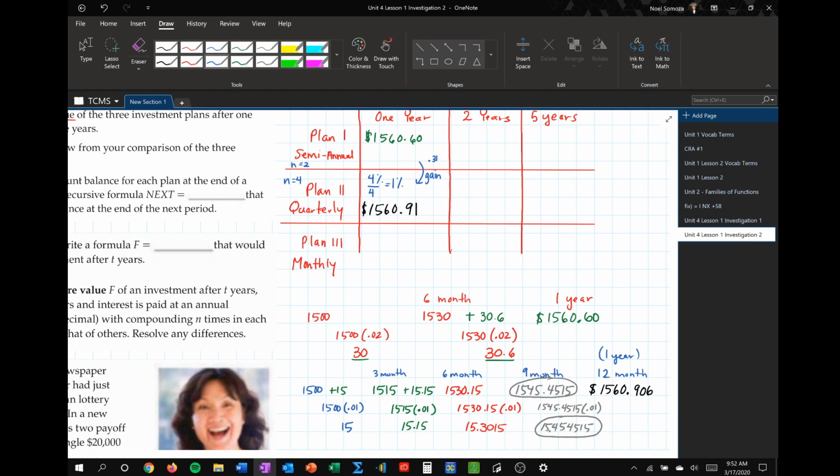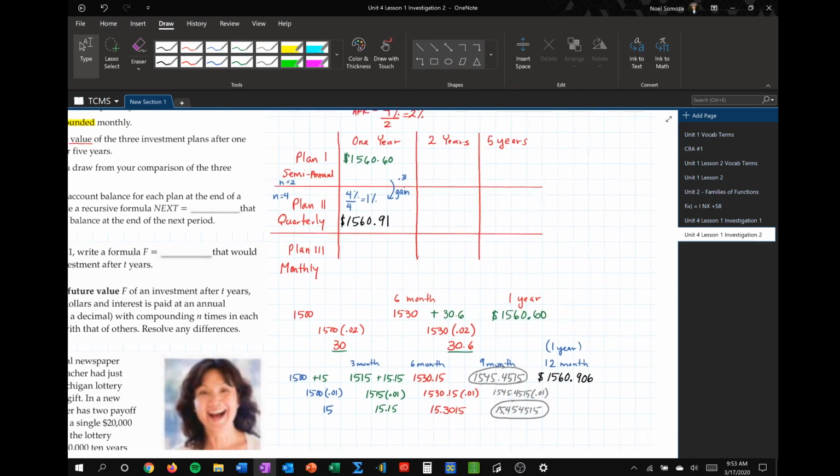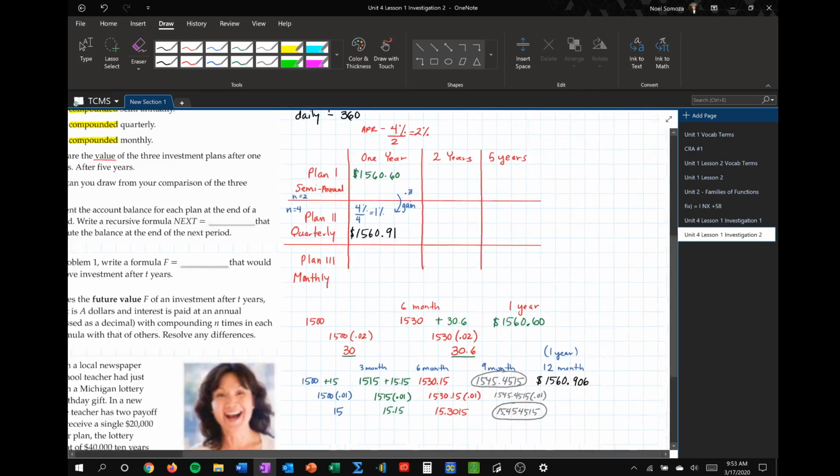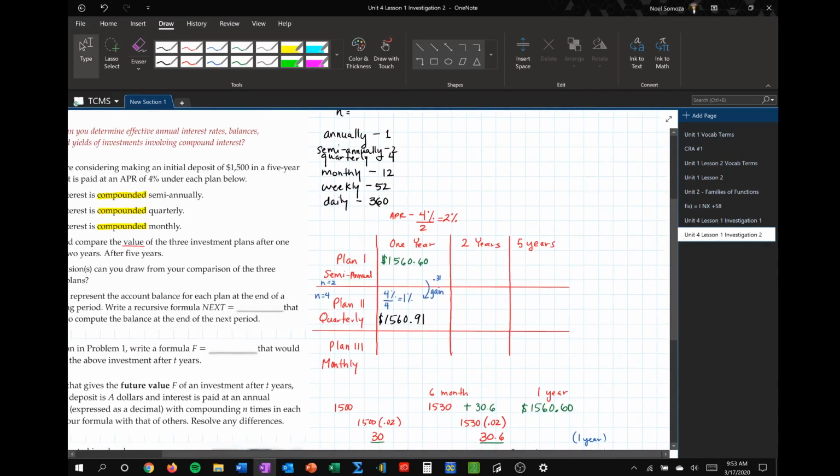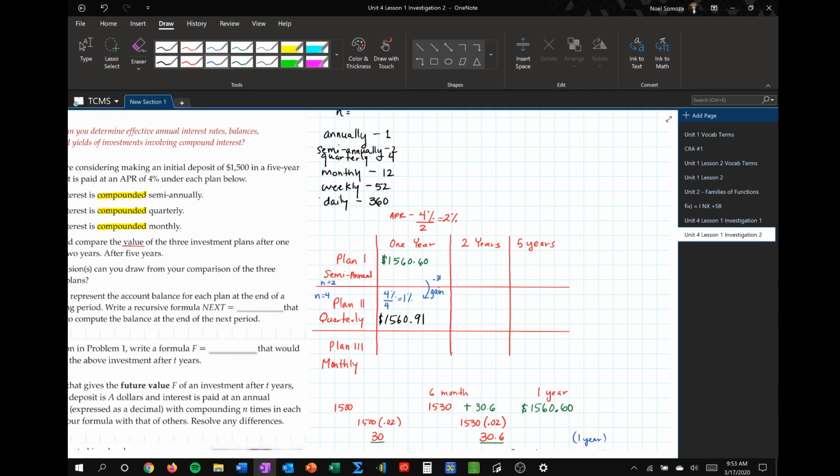So now this is where the shortcuts start to come in. We're going to skip the rest of this for now, because now you kind of have an idea. Look at all of the different options that we had before: semi-annually, quarterly, monthly, weekly, and daily. The more times it gets compounded, the more money.